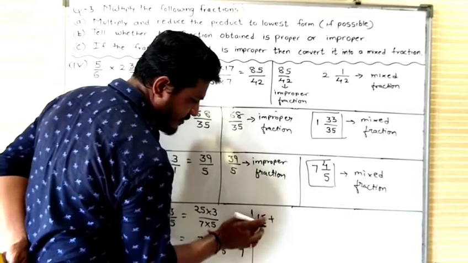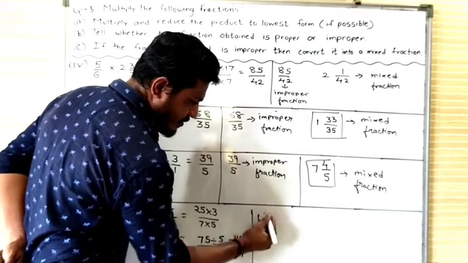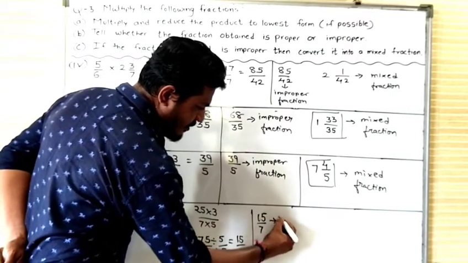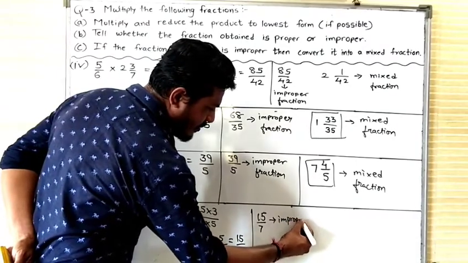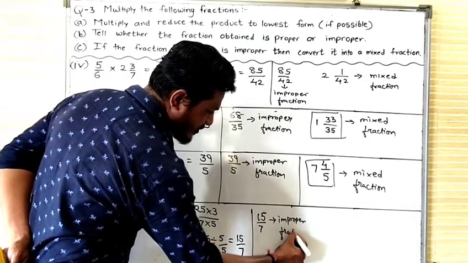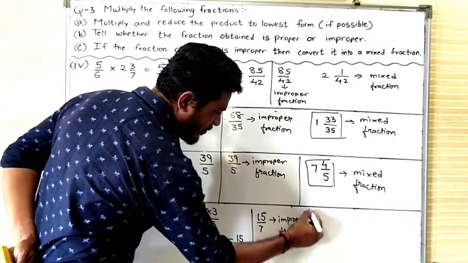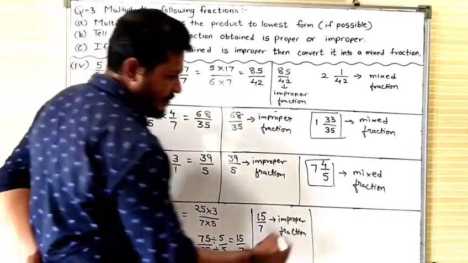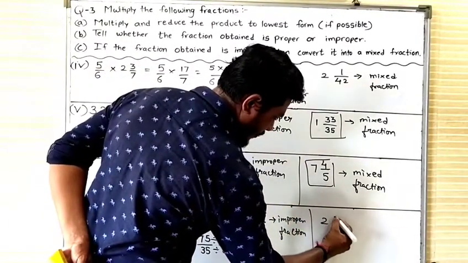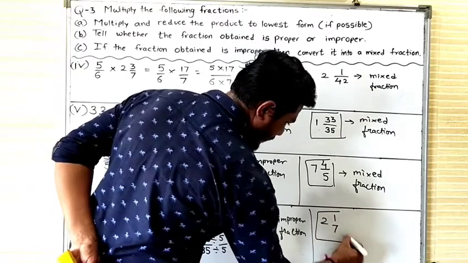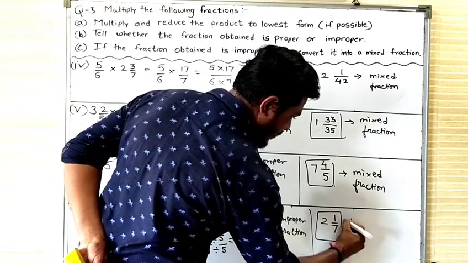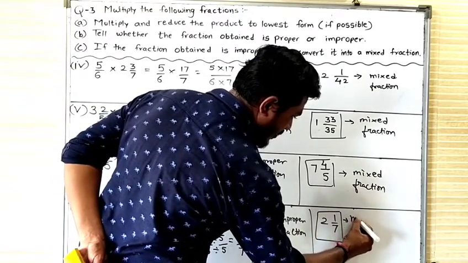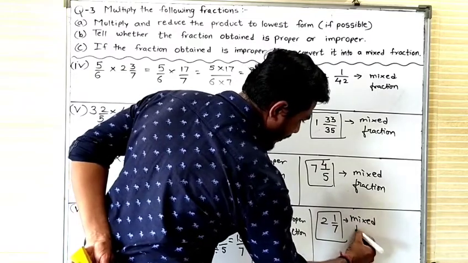So write it over here: 15 by 7, improper fraction. Convert into a mixed fraction. 7 2s are 14 plus 1, 15, is a mixed fraction.